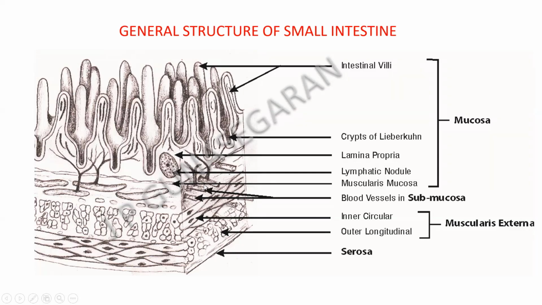Only mucosa and submucosa show specialization in various regions, and the rest of the coats are same as that of any tubular organ. The mucous membrane of small intestine shows finger-like projections called intestinal villi, which increase the absorptive area.